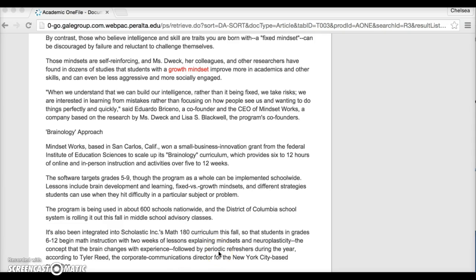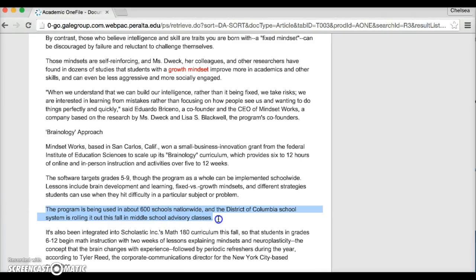I would even consider using some of these facts and statistics here as a counter argument, saying, okay, well, while it's true that Brainology is gaining traction in the United States, the program is still only being used in 600 schools nationwide.